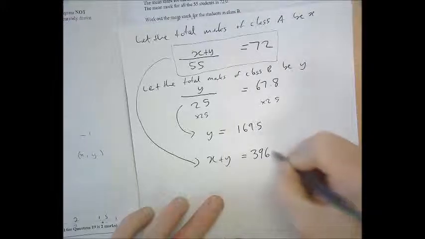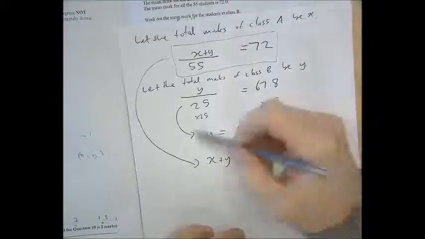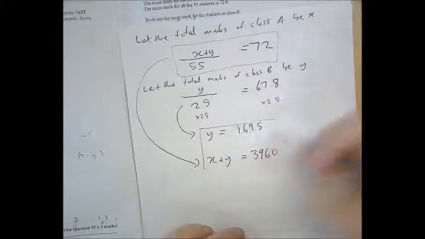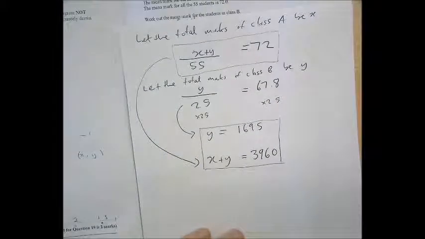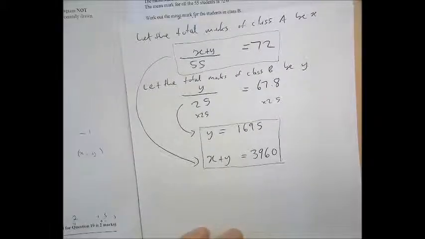Okay, now, these two things are so useful, and I'm going to put them in a box just so my eye is drawn to them. What should we do with that? Any ideas? Anna? You minus Y from X plus Y. Yes, you do. That's exactly what you do.